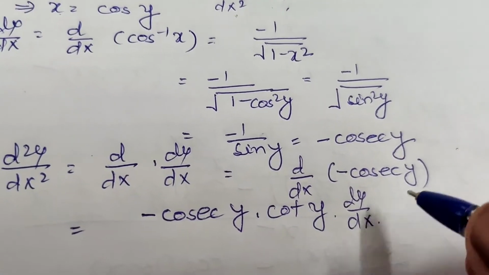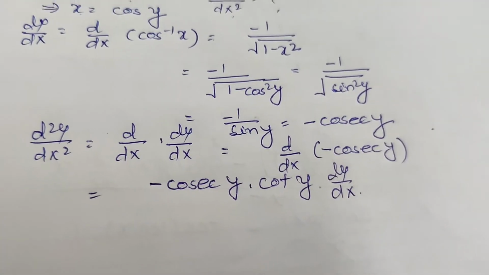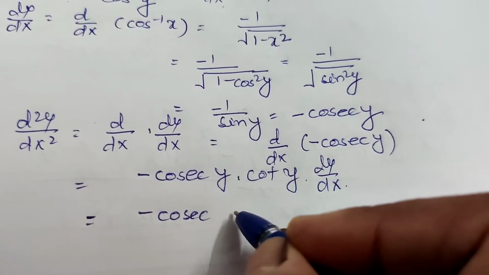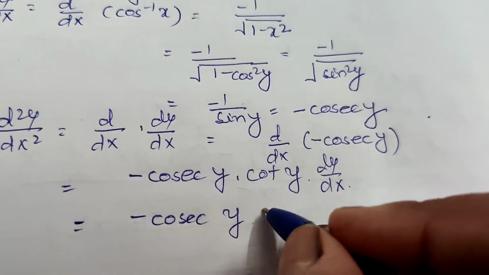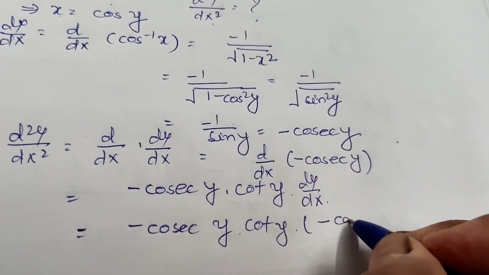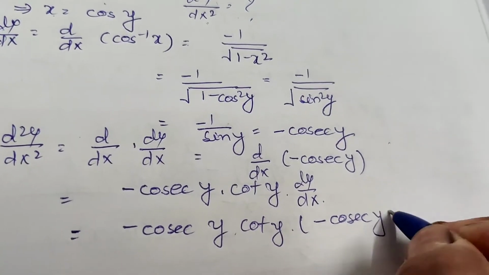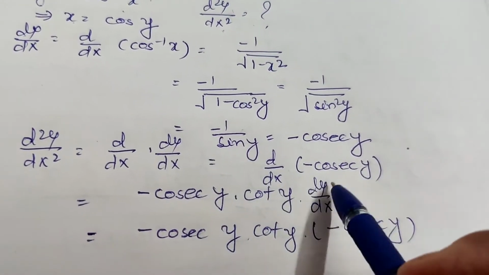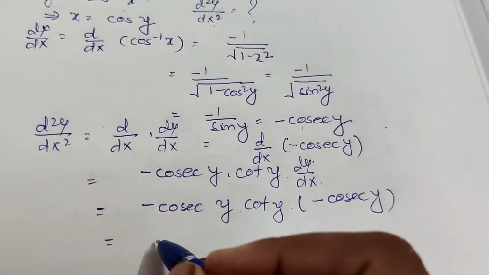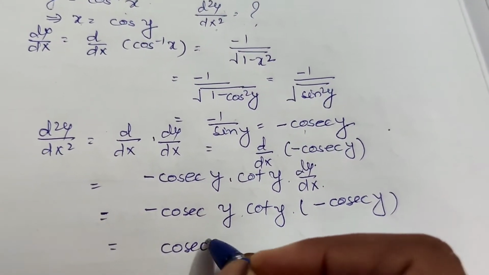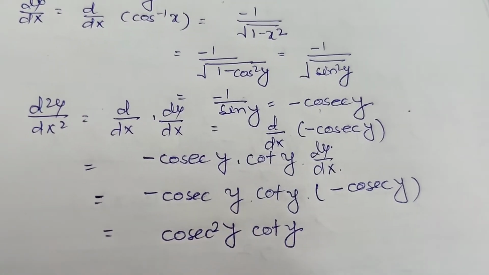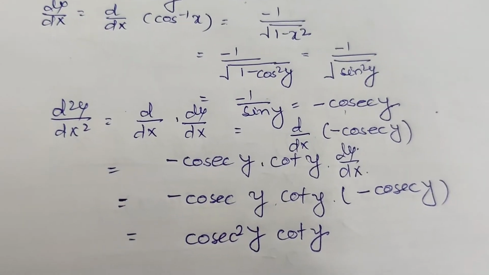So minus cosec y cot y dy over dx, and minus cosec y cot y, with dy over dx equal to minus cosec y. Just put it in, it is equal to cosec square y and cot y.